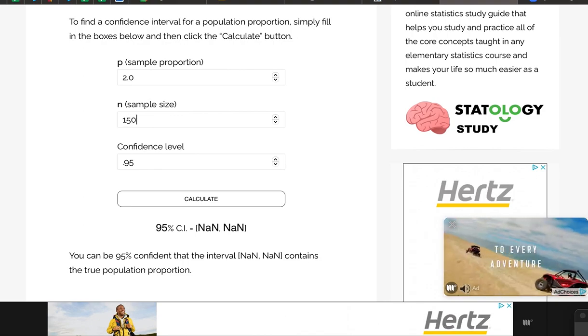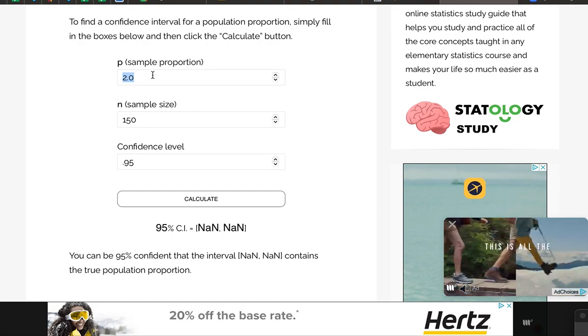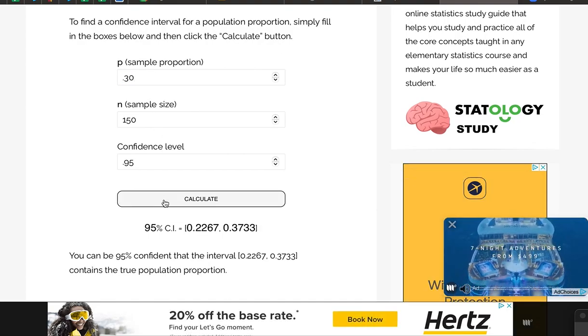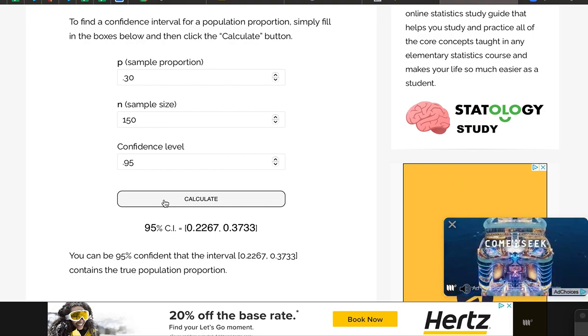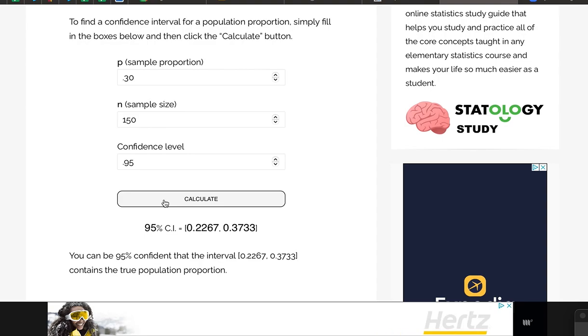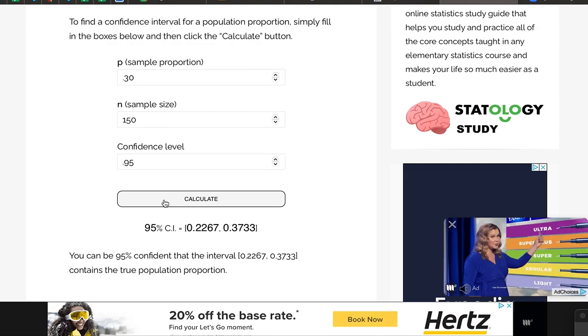So as you change the sample size, this calculation will vary and give you a sense of where your range is. A lot of times the best way to play around with these calculators is to see how the numbers change based on the data you input.